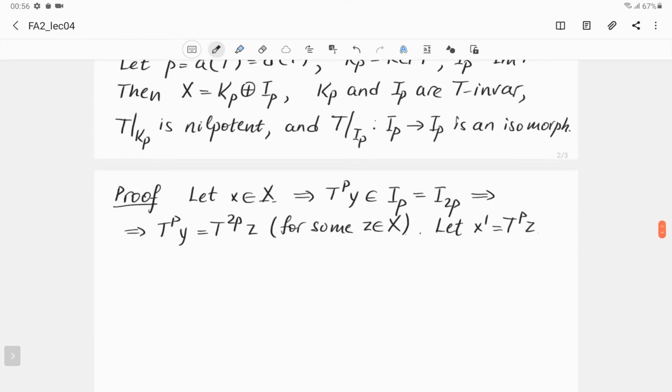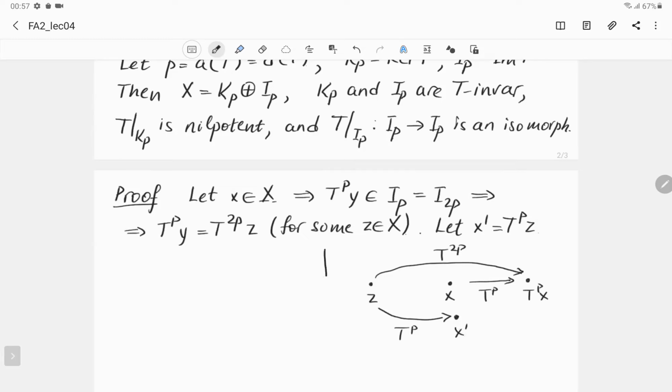If this is our initial element X, we apply T to the power P. This is T to the power P of X. So we observe that it comes from some element Z after we apply T to the power 2P. And then we apply T to the power P to Z, and we get a new element X prime.